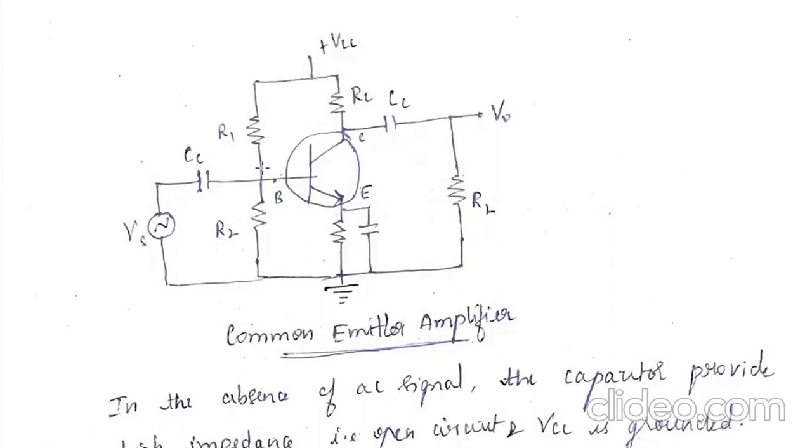In such a case, the capacitors will produce a very high reactance, so they are considered open circuited and removed from the circuit. The remaining part considered for the DC analysis is R1, R2, RC, VCC, the transistor, RE and the ground terminal.